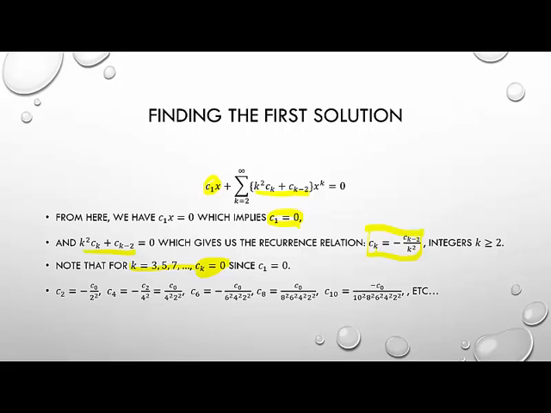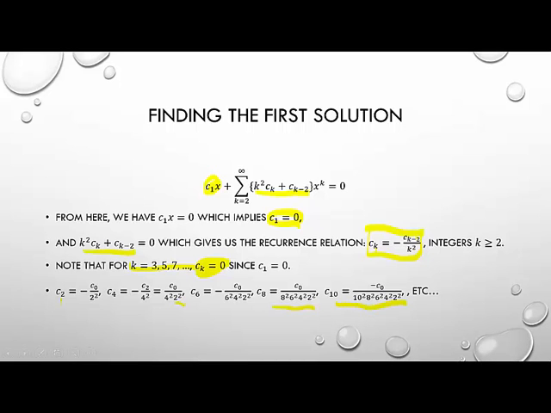Now we consider k where k is an even number, and starting with k is equal to 2, it refers back to c sub 0. When k is equal to 4, it refers back to c2, which refers back to c sub 0. And then 6 would look like this, c8 would look like this, c10 would look like this.